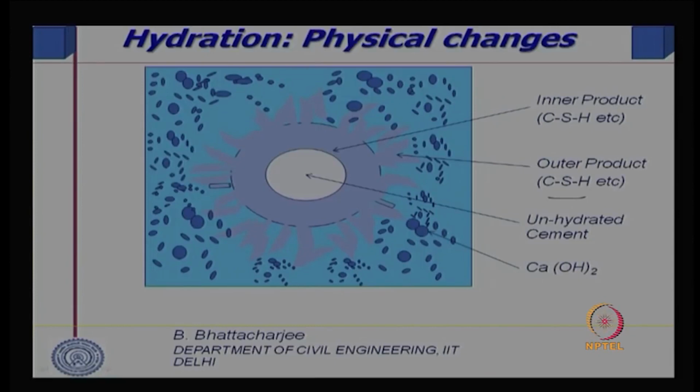These precipitates are calcium hydroxide. Calcium hydroxide precipitates because it is sparingly soluble, so it remains as a non-sealing precipitate, it does not seal anything, whereas outer product CSH will be something like this, in the periphery of the original grain boundary. So, they will extend outside, and calcium hydroxide is precipitated outside, and unhydrated cement still remains inside.